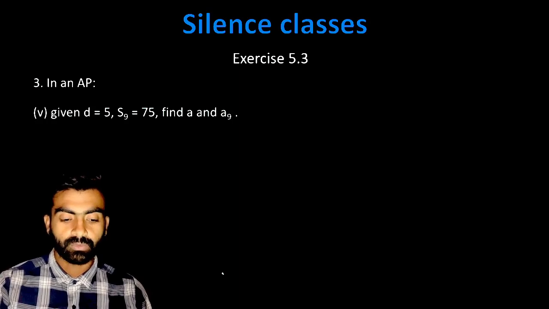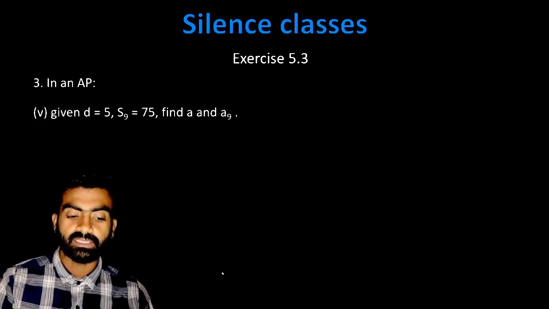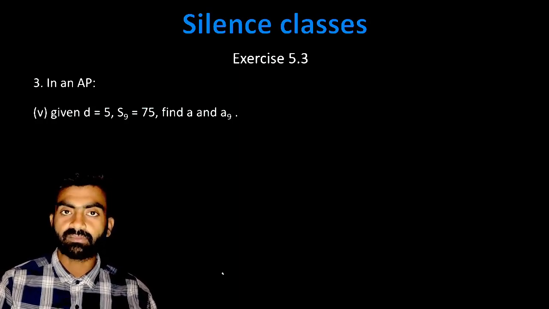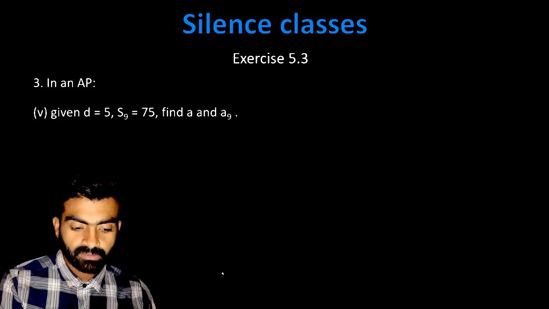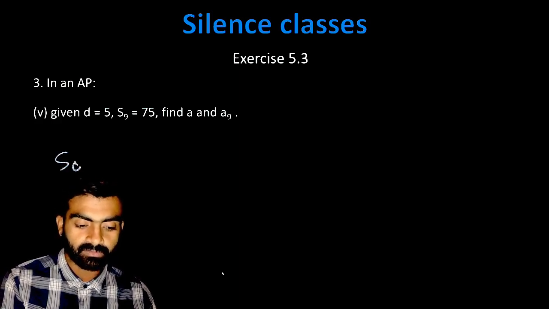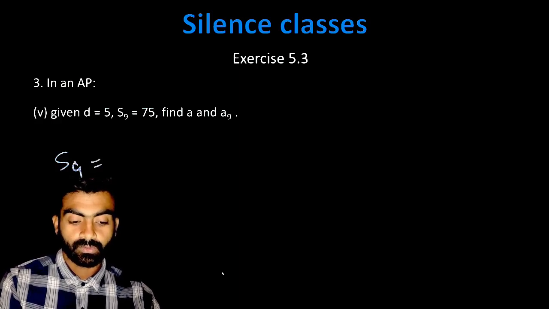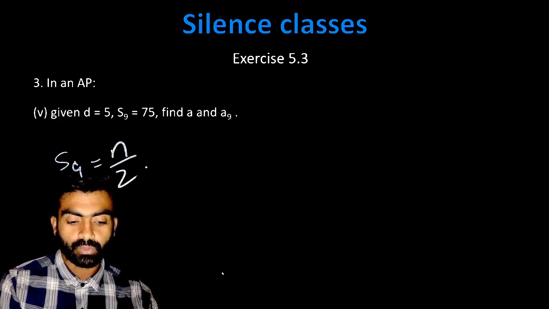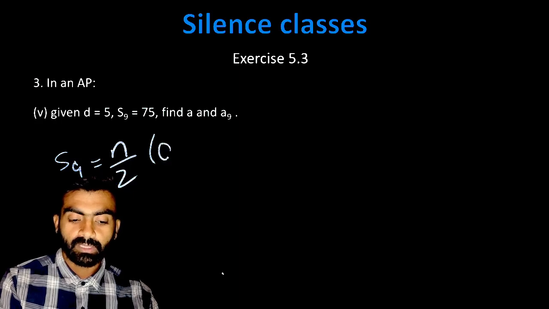We know that Sn and d are given. So by using Sn we can form the equation. S9 is equal to n upon 2 times a plus l.